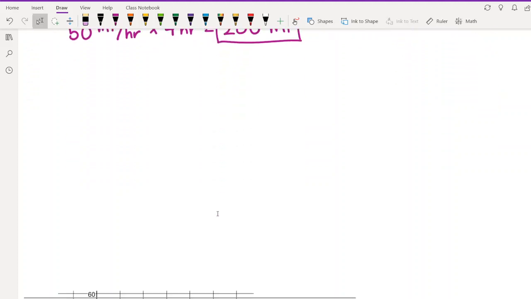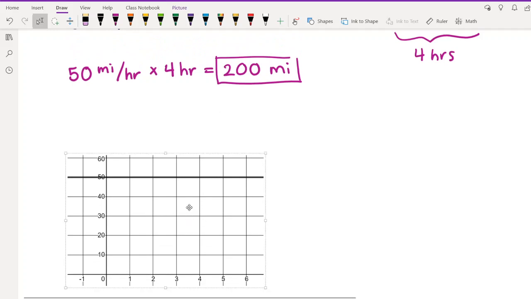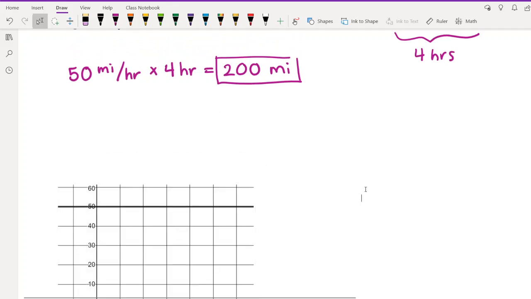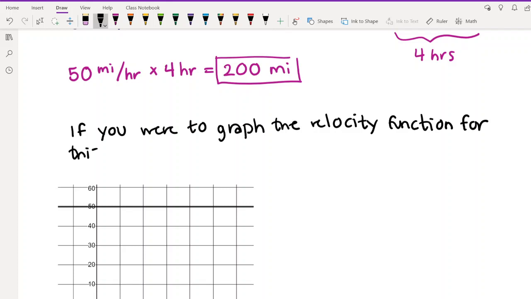So how is it connected? Well, imagine that you graphed not your position graph, but your velocity graph, or your velocity function. If you were to graph the velocity function for this trip, it would be a horizontal line at a height of 50.